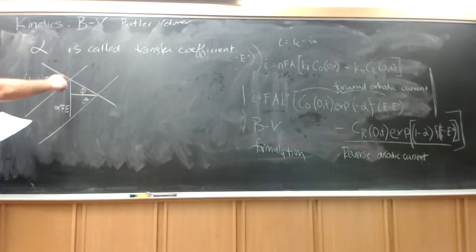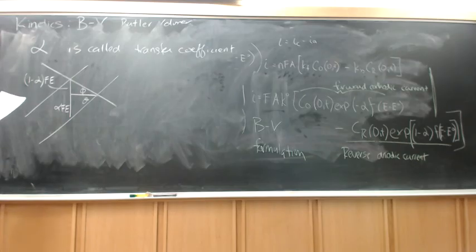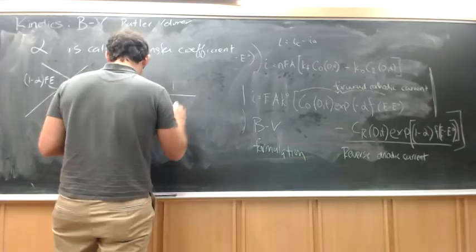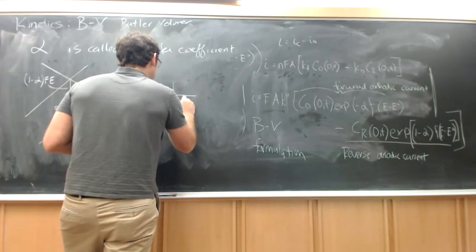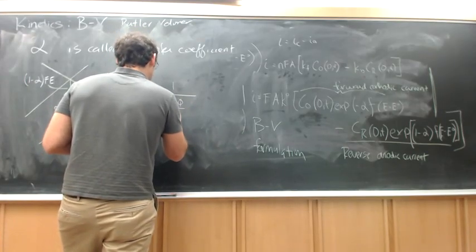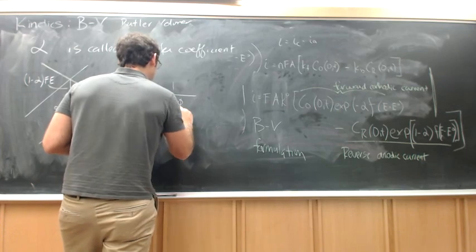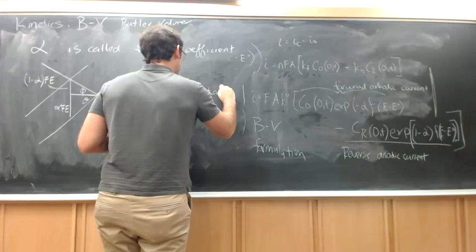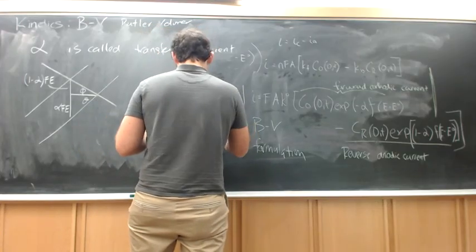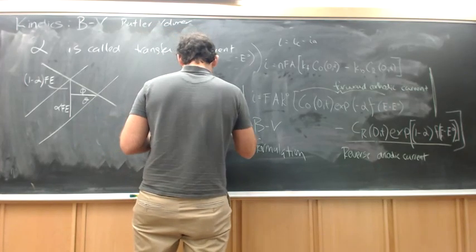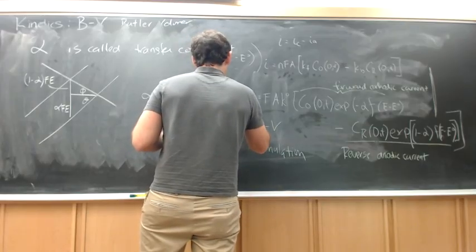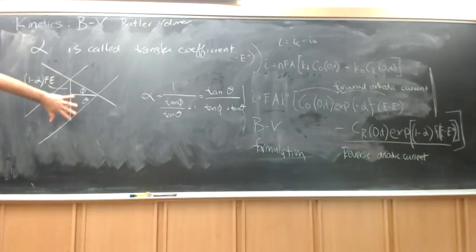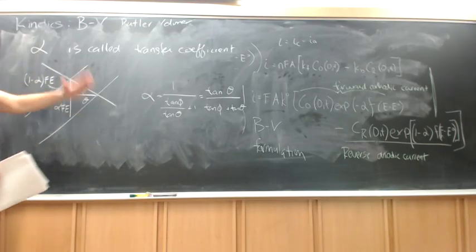And so if I go through the trigonometry, I can see that alpha is actually equal to 1 over (tan phi over tan theta, plus 1), or more simply, tangent of theta over (tangent of phi plus tangent of theta). So it's related to these angles, and these angles are related to how these things cross, right?